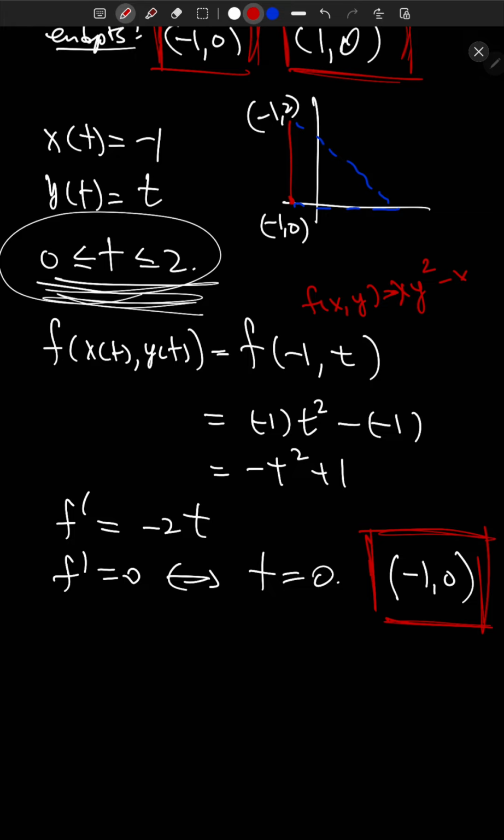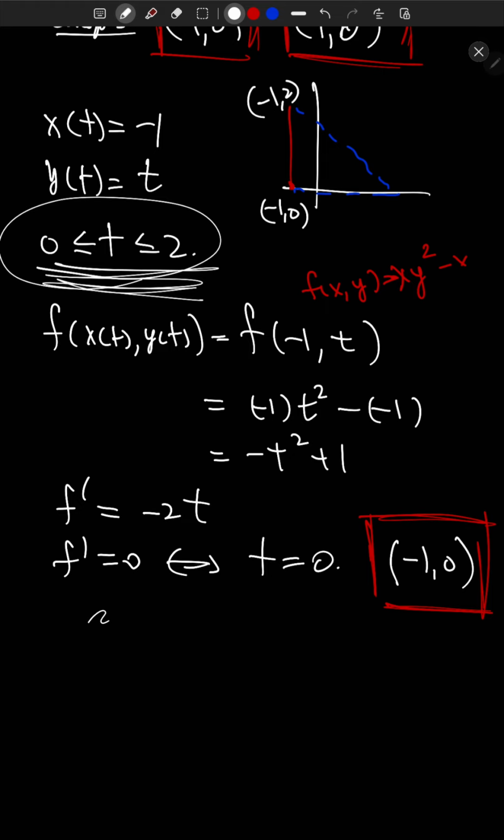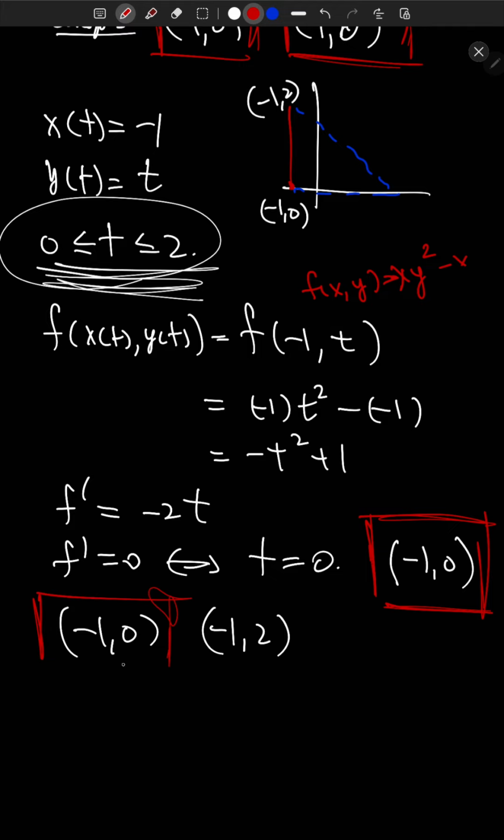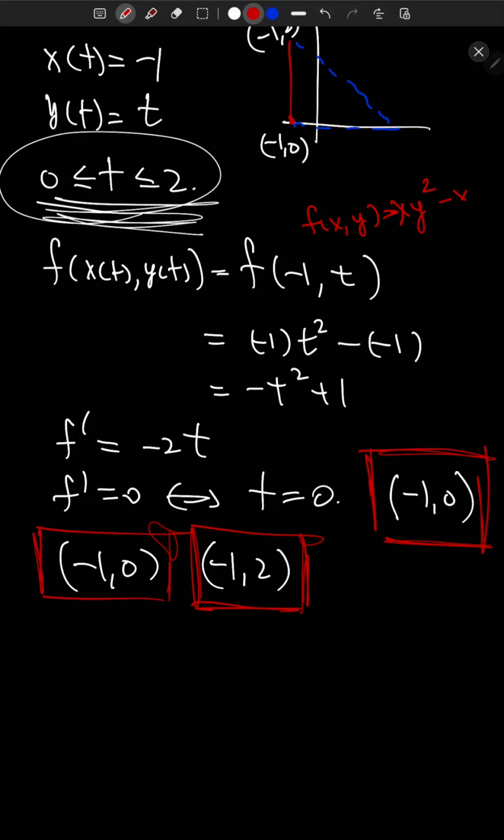And again, this computation that we just did only captures behavior inside the interval, right? So we also have to include the endpoints, -1, 0 and -1, 2. And again, these are repeats, but it's okay to write them down, right? It's not gonna really harm us.